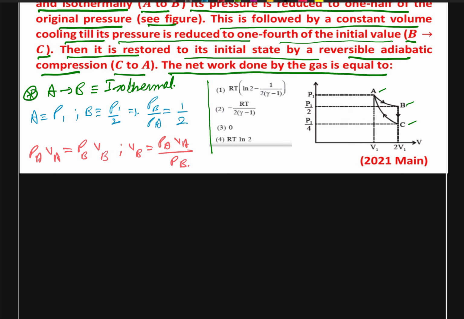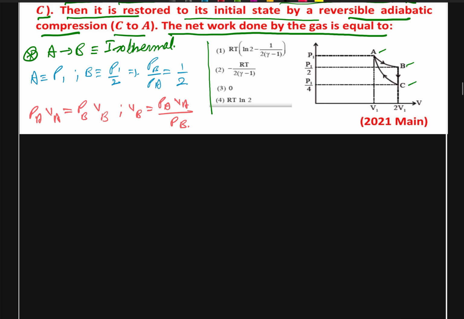Volume VA is our V1, so we simply substitute it. VB is given to us anyway; I just calculated it, it is not a big problem. So VB comes as twice V1.